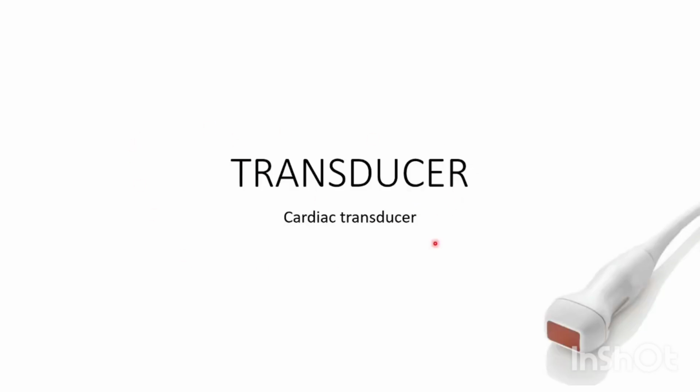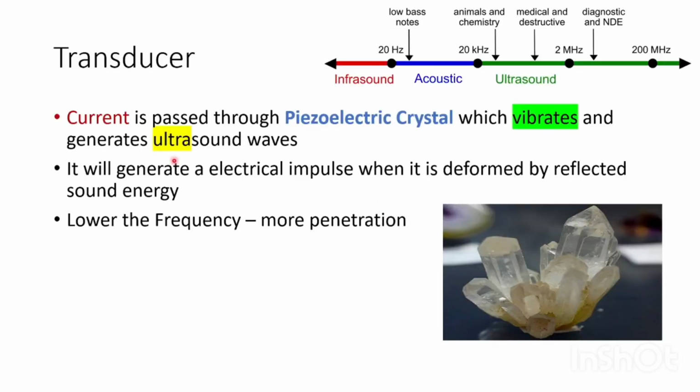Now coming to the transducer, this is the typical cardiac transducer which we use. As we saw in how an ultrasound or echo machine works, current is passed through a piezoelectric crystal. Because of that current, the crystal will vibrate and generate ultrasound waves.